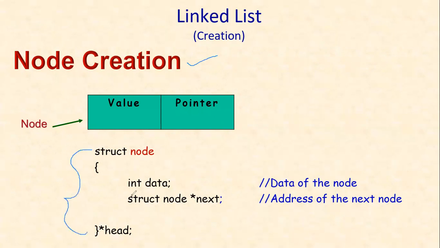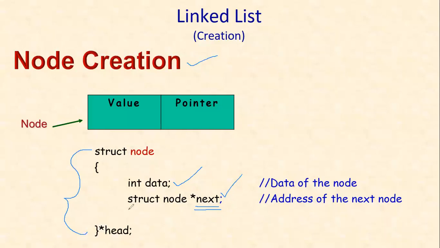I already told you a node consists of one member for data and one member to hold the address. And which address will be stored in the pointer? The address of the same node type. Suppose I create a new node, that is also the same type, right? So the address of this node type only is stored.